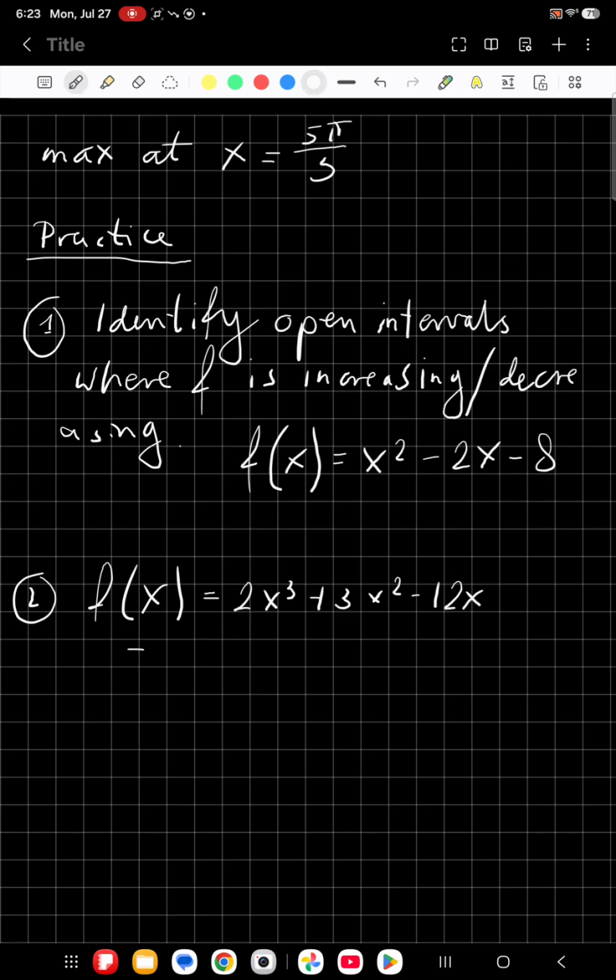Okay, and what I'd like you to do is find the intervals, increasing, decreasing. So find where the function is increasing, where it's decreasing, intervals.